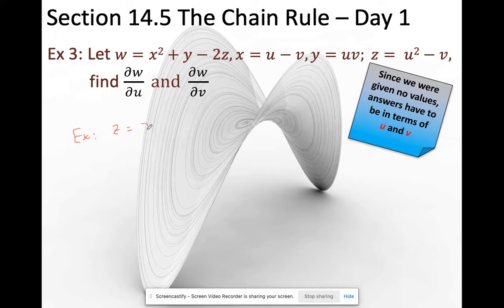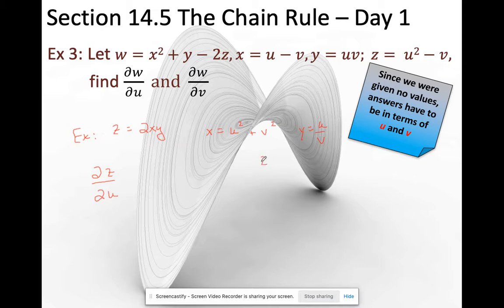So what if Z was equal to 2xy and X was equal to U squared plus V squared, and Y was equal to U divided by V. Partial Z, partial U is what I want.